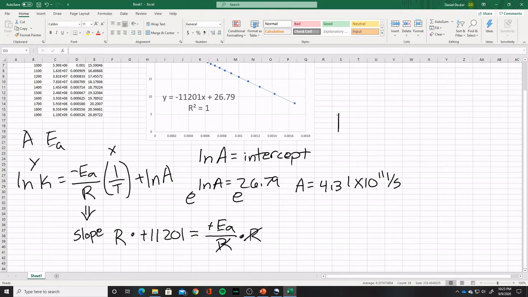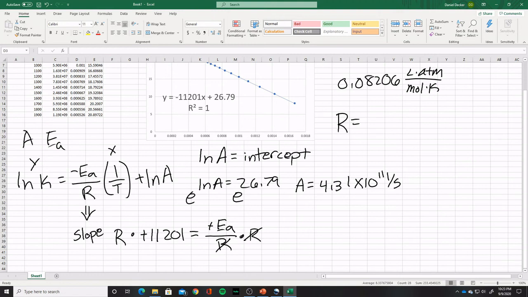R, if you remember, we want the joules version of this. In Chem 1, we used 0.08206, but that was liter atmospheres per mole K. We're dealing with energies now. We'd prefer not to use liter atmospheres. It's still technically correct, but it's a very cumbersome unit.